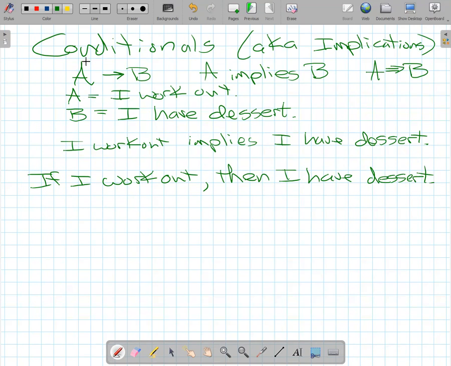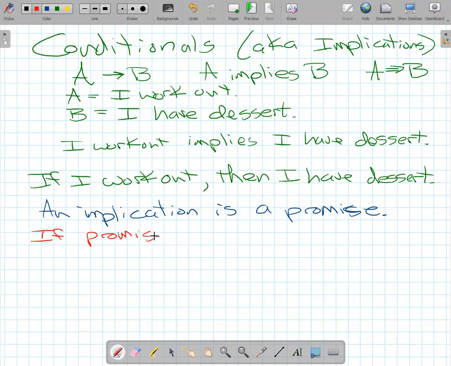And the way to think about an implication is a promise. And the promise can be broken, right? If the promise is broken, the implication is false, and that's the only time.